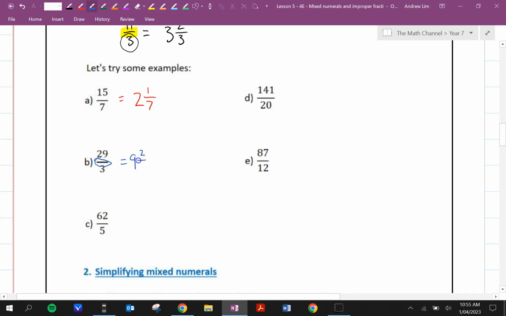Put a 2 at the top, 3 goes in the bottom. 62 divided by 5 is 12, remainder 2, over 5. 12 2/5. 141 divided by 20 is 7, remainder 1, over 20. 87 over 12 is 7, remainder 3, over 12.